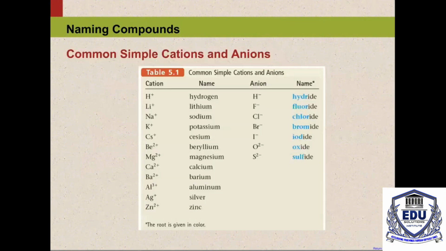Now, how do we get sodium chloride? If we look at this table here, sodium will have a +1 because in group 1, it's going to lose 1 electron, and chlorine on the right-hand side is an anion because it's going to gain 1 electron.